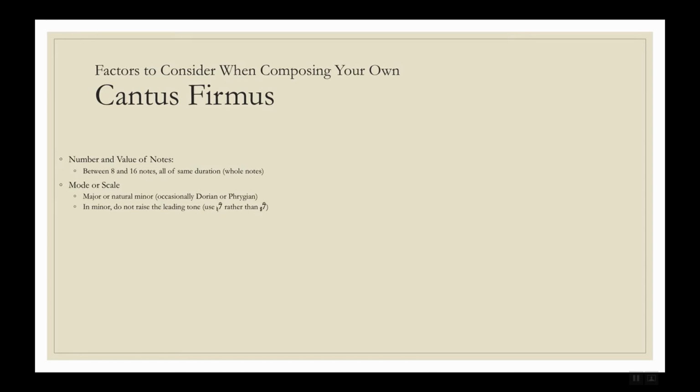In minor, this is pretty important: you're not going to raise the leading tone in the Cantus Firmus at all. When you get into counterpoint in first species at the end of this presentation, you are going to raise the leading tone, but only in the second to last measure, only at the end.